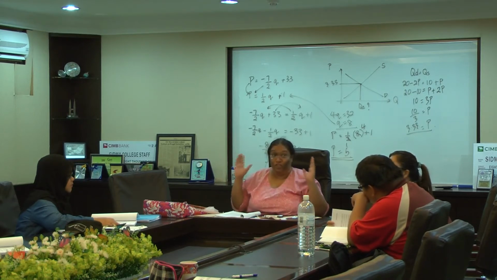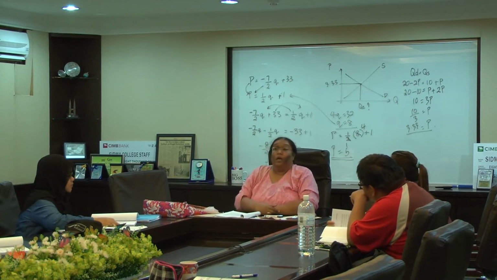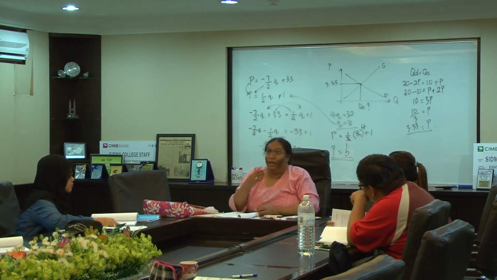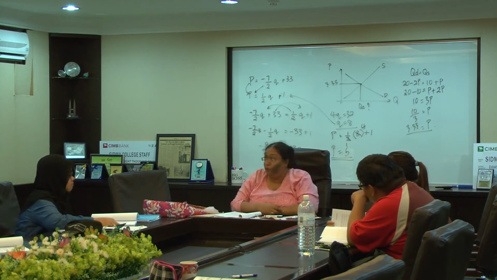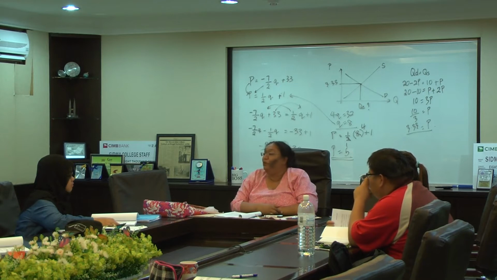Now I talk about the shelf. If you go to the shelf, you see salt and sugar, all the ordinary flour. Where is it placed on the shelf? On top or right at the bottom? Bottom. Why? Are you sensitive to the price of salt and sugar? No, you're not bothered.